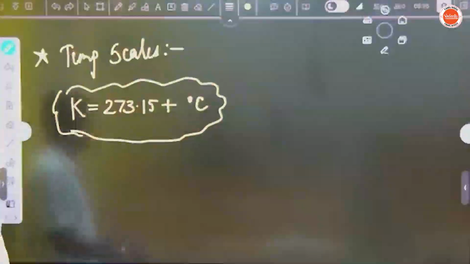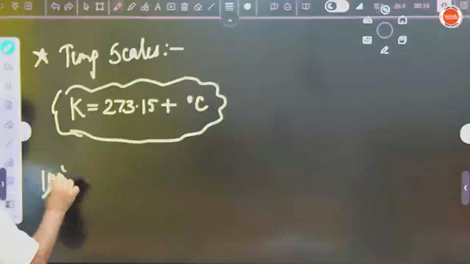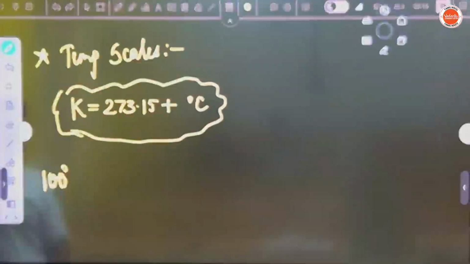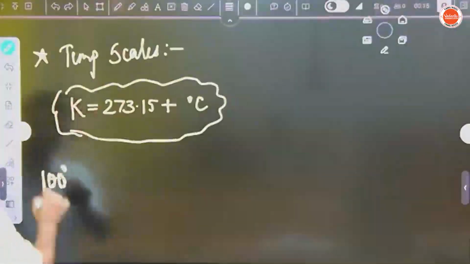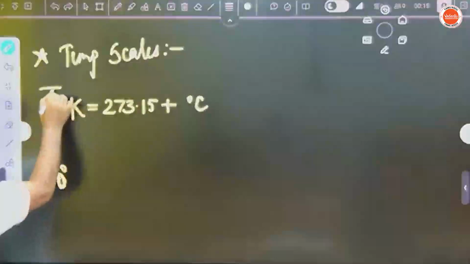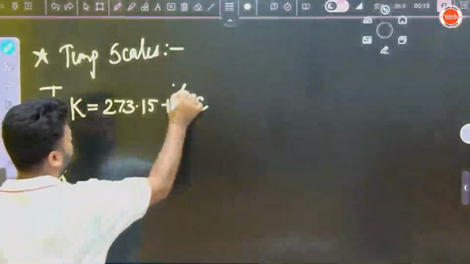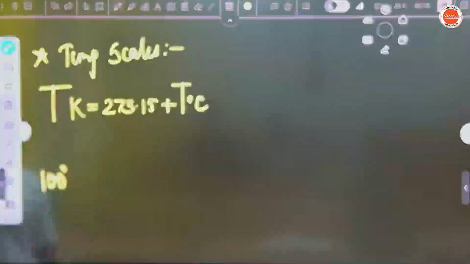Suppose someone gave you 100 degrees Celsius and you have to convert it into Kelvin. I can write it like this: temperature in Kelvin, temperature in degrees Celsius.